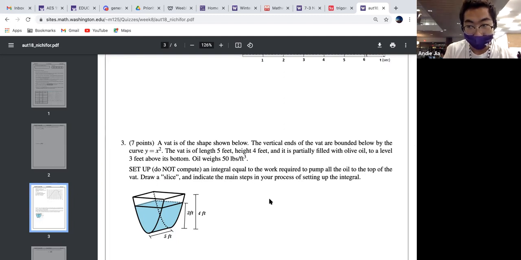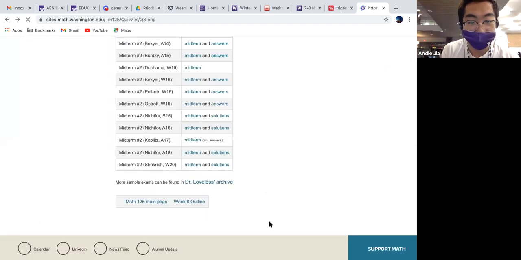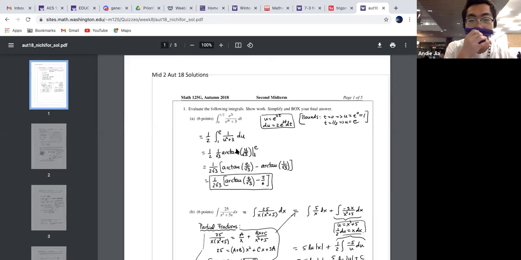In this case, we're also going to compute the volume. Then we put a density here.